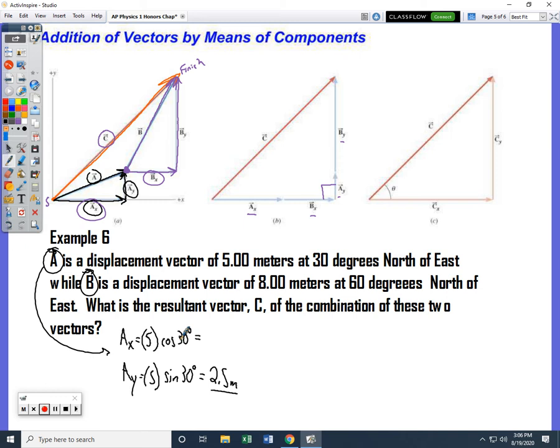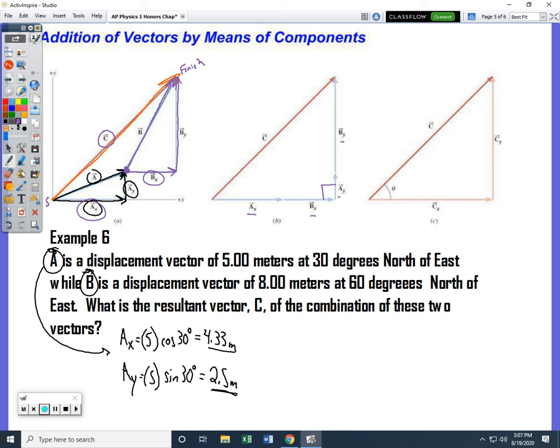And then the cosine of 30 is actually the square root of 3 over 2, not quite as easy to figure out. So this one comes out to be 4.33 meters. I'm not trying to do significant figures right now, I'm just writing down some numbers. Technically, I guess it'd be 4.33 and 2.50.